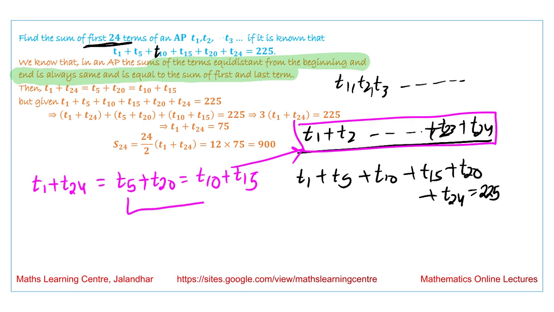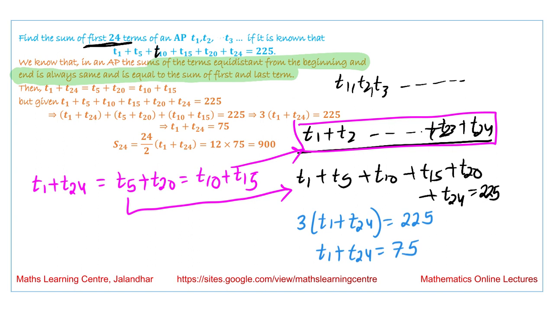If we substitute these values in the given equation, we will obtain 3 times t1 plus t24 is equal to 225. So this implies that t1 plus t24 is equal to 75.